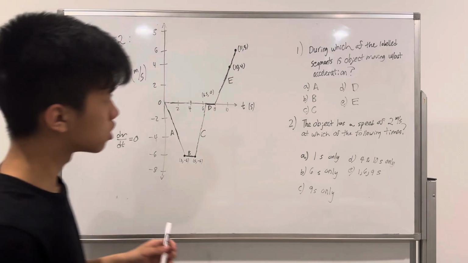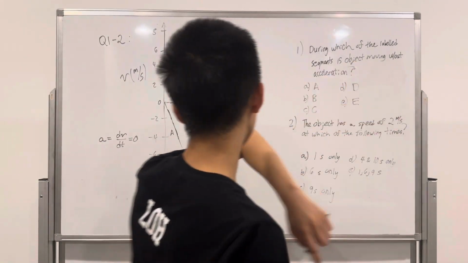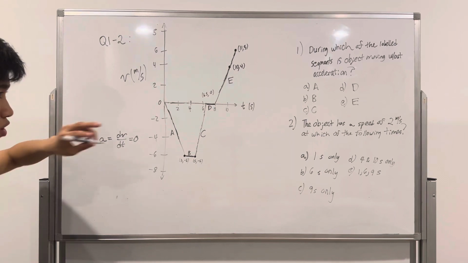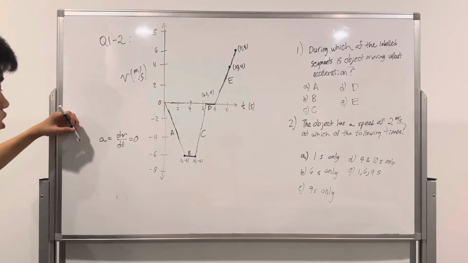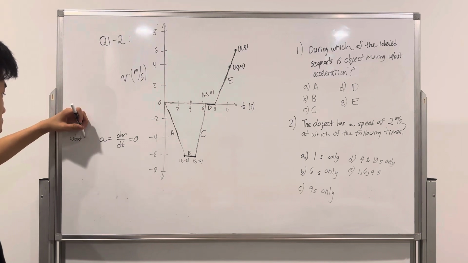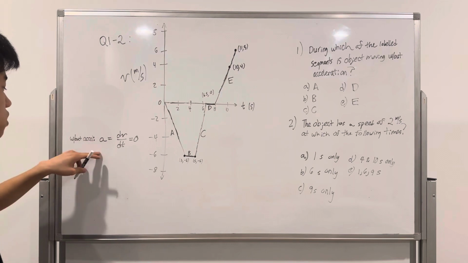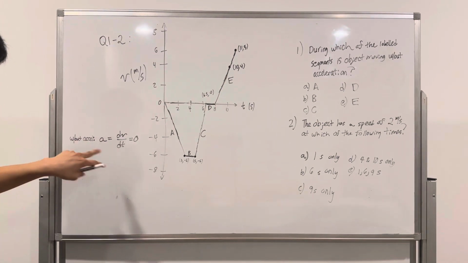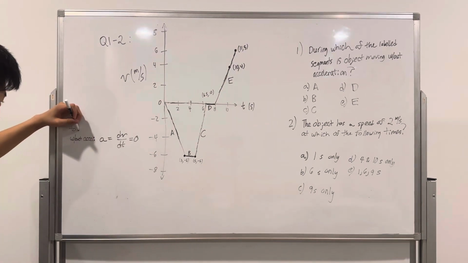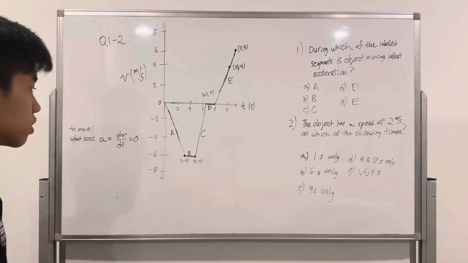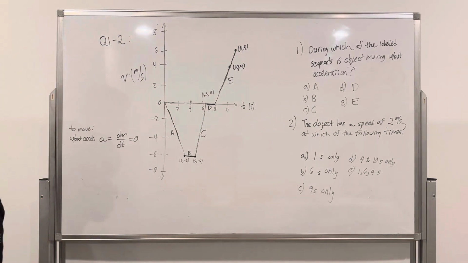However, the object must be moving as well. The condition for moving without acceleration is that acceleration is zero, but to move, you need a non-zero velocity, because you can't move without velocity.